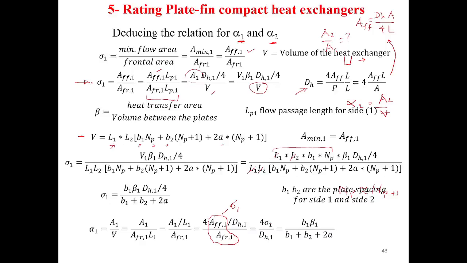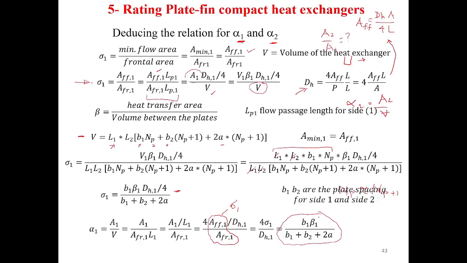Now take sigma, which is the minimum flow area divided by the frontal area, from this expression and put it in this equation, so you get the expression that we are looking for. This expression is very important, which gives you alpha in terms of B1, B2, A and beta.